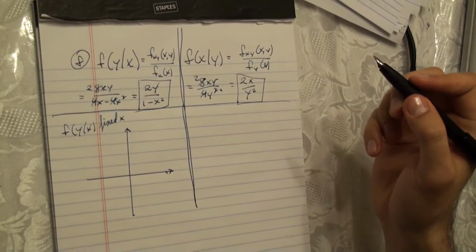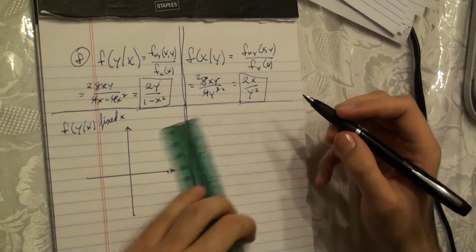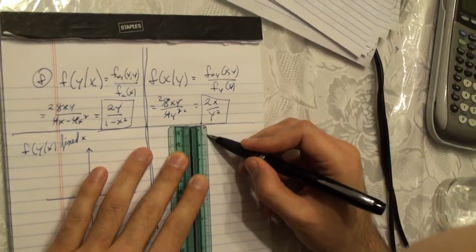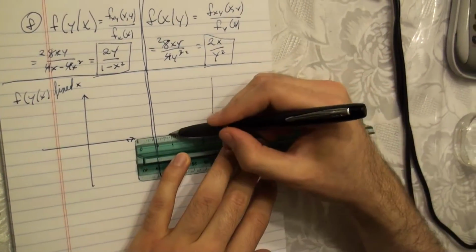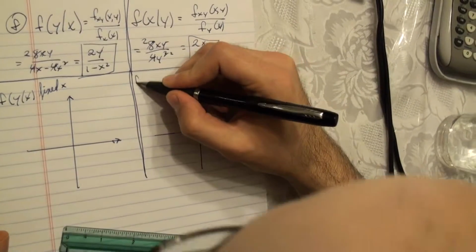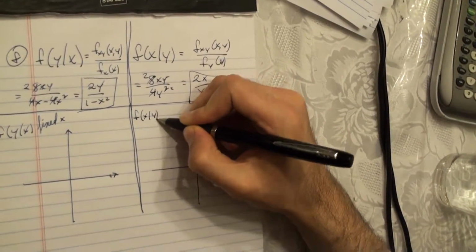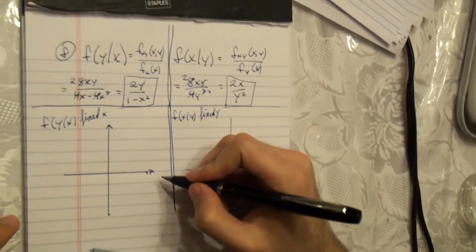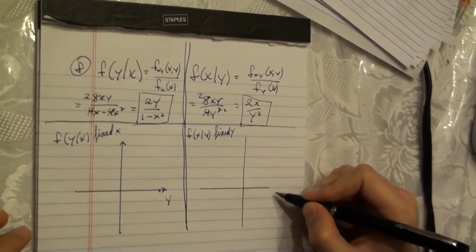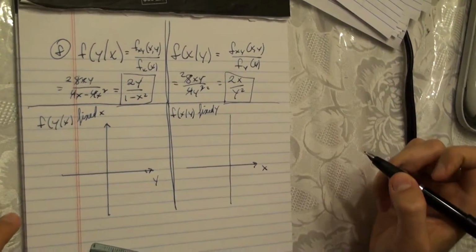And then the other graph is f of x given y for fixed y. So this is going to be y, and this is going to be x.